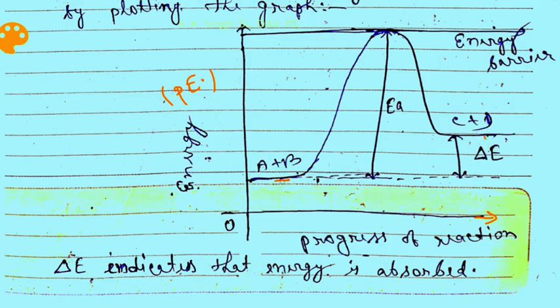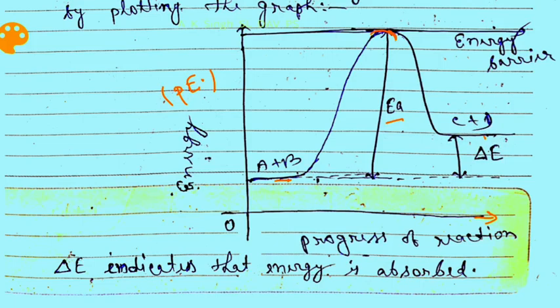If energy is supplied, that is called activation energy, to the reactant molecules, then at first collisions take place and the energy of the reactant molecules is increased, and when it crosses the energy barrier, then products start to form. And what is the product here?